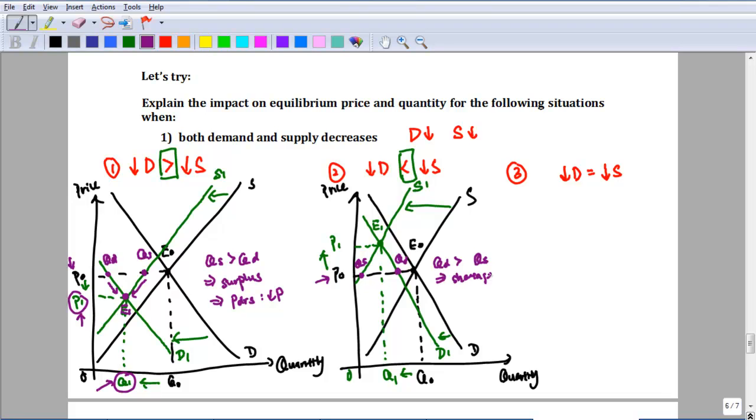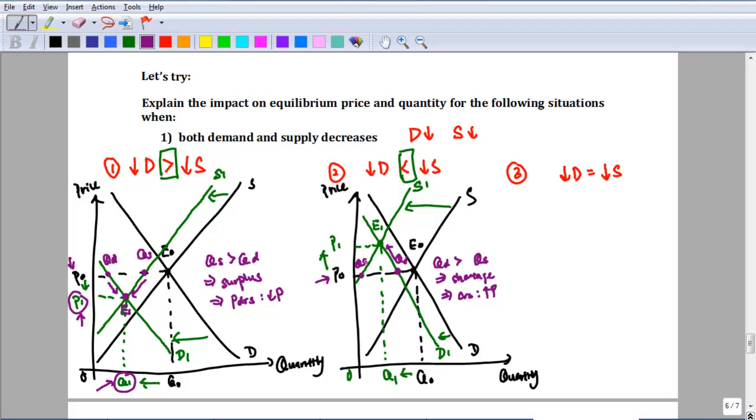shortage. So when there is a shortage, consumers will react how? By bidding up the price. When your price starts to increase, quantity demanded will fall, so it's a movement upward along your demand curve.